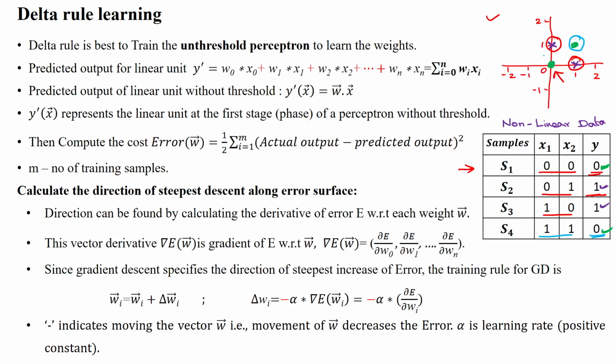We should check whether we can separate this data, that means classify this data, by using a linear regression line or not. If you are able to separate this by using a linear regression line, that is a linear decision boundary, then it is called linearly separable data.